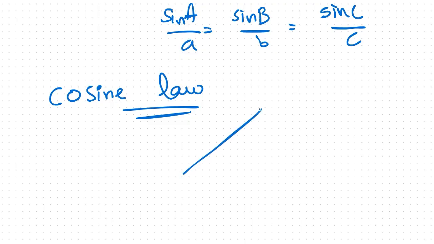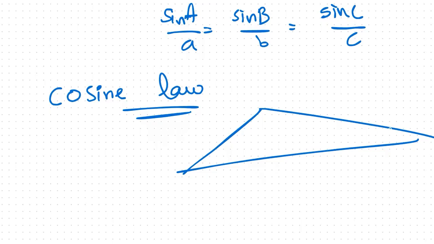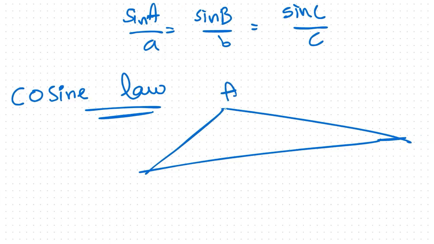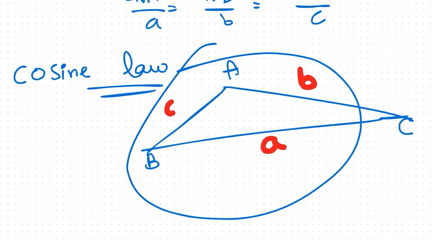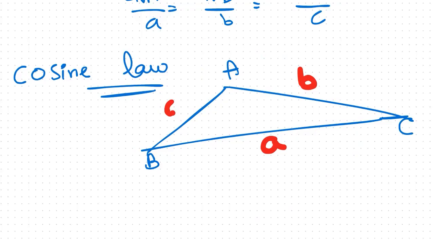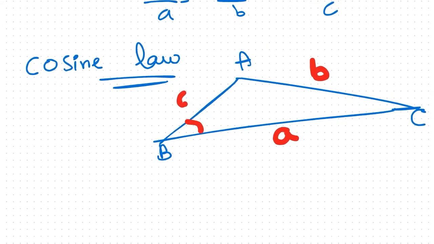Same as before, if I pick a random triangle ABC and write small c, small b, and small a, then pick an angle among A, B, and C. Let's say angle B. Cosine law says that cos of angle B is the same thing.